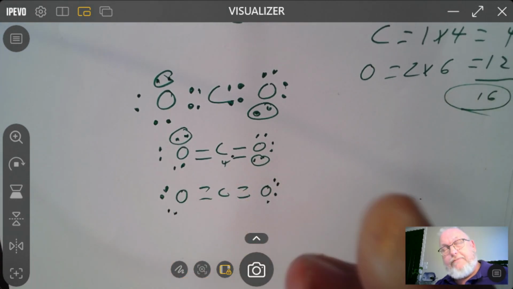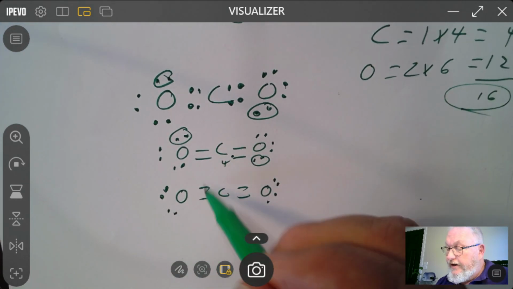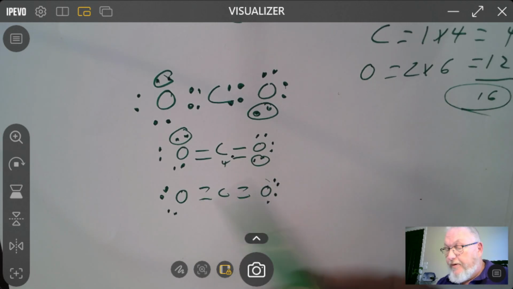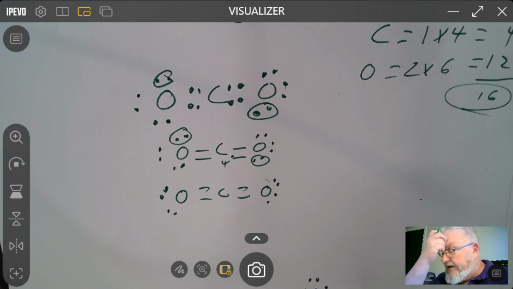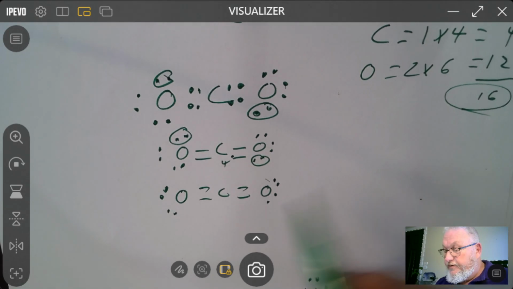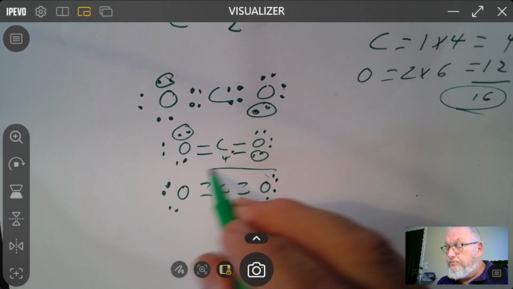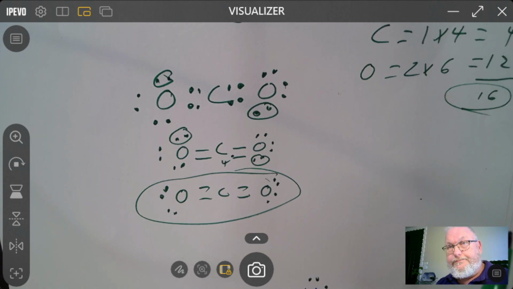So let's see, do we have 16 electrons? I've got 8 electrons there, 8 electrons there. Everybody has their octet. So we're using the 16. This would be the structure for carbon dioxide. We'll come back and do some more.